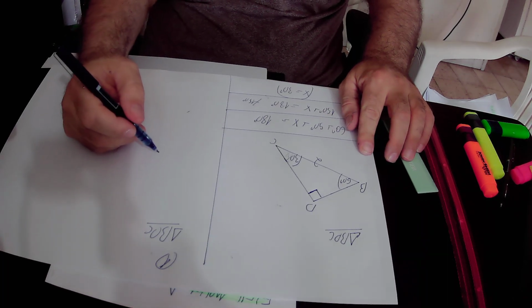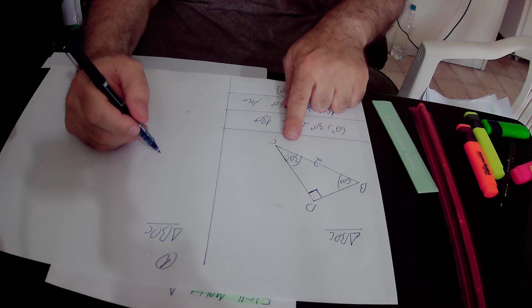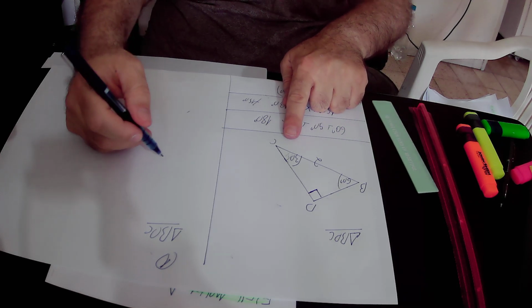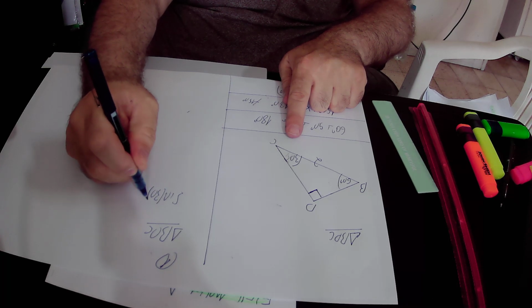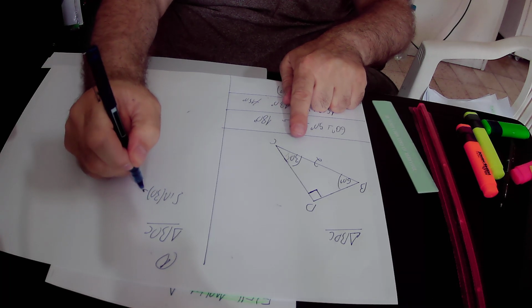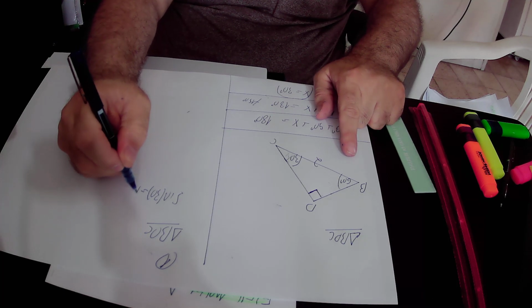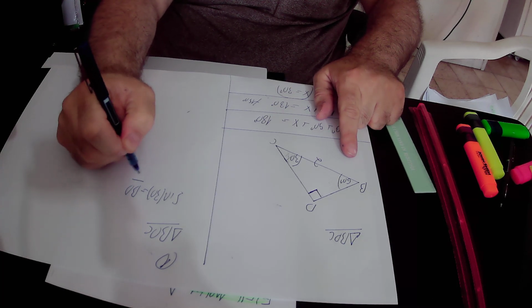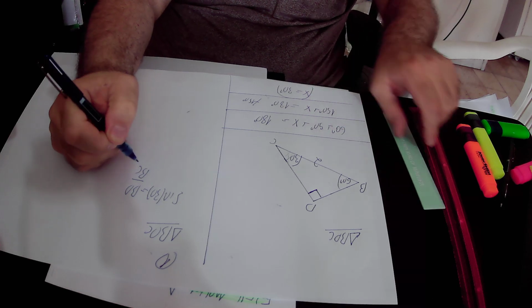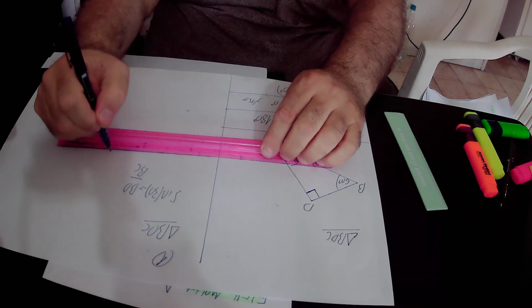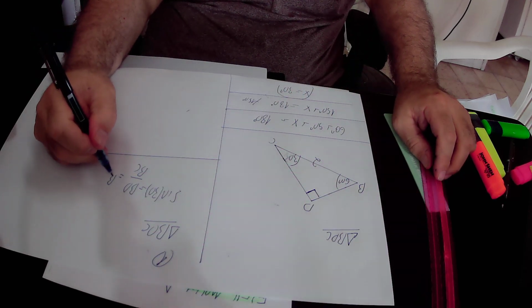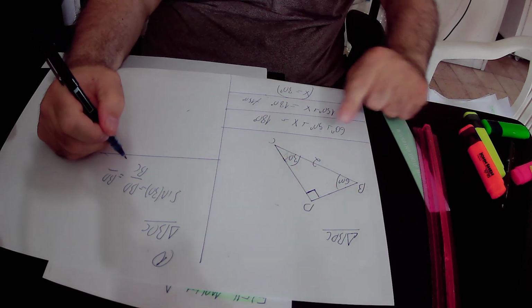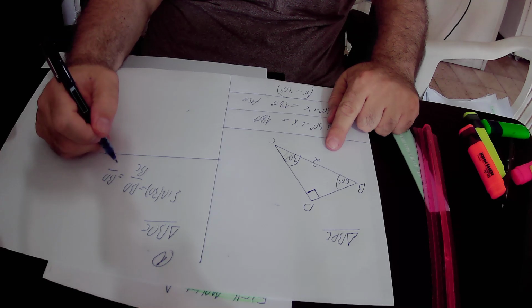Sine 30 degrees equals BD over BC. BC is 2, so we substitute BC by 2.